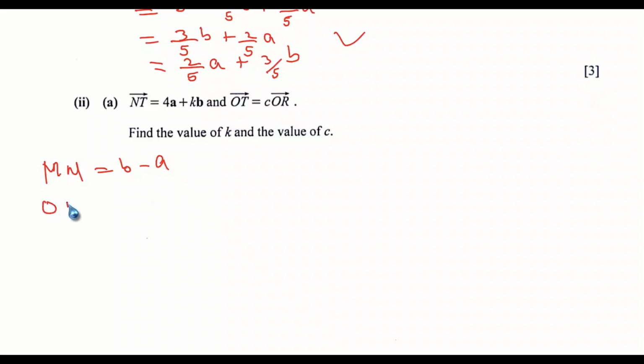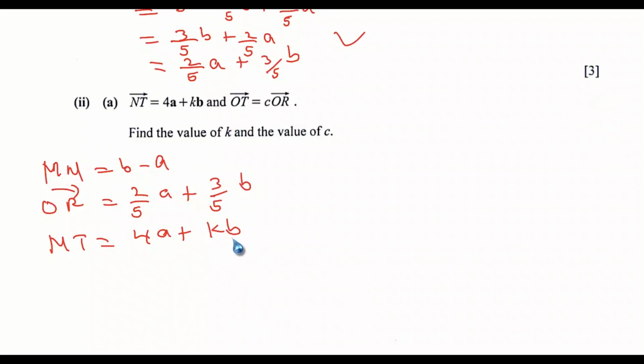So OR is equal to 2/5 a plus 3/5 b. That was given. NT is equal to 4a plus kb. That was given as well. But we know that OT is equal to ON plus NT.